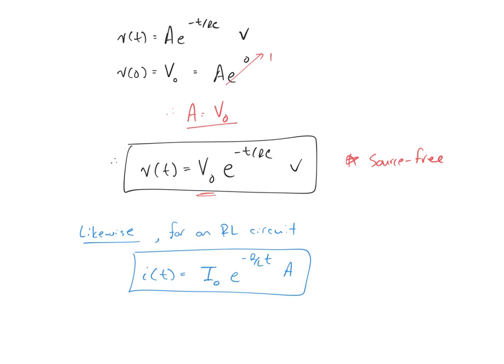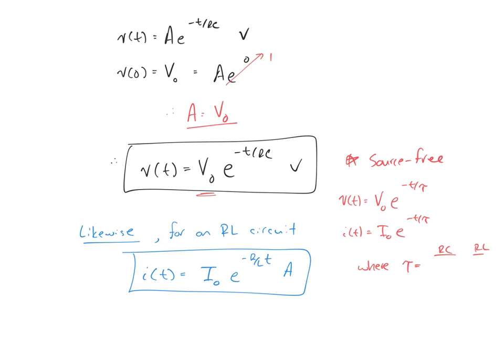One thing to note here is that we can make this expression a little more generic, and in both cases we could write, say, v as a function of time equals v naught e to the -t over parameter tau, or I equals I naught e to the -t over tau, where tau is the decay time constant of this exponential, and depends on whether or not we're dealing with an RC or an RL circuit.